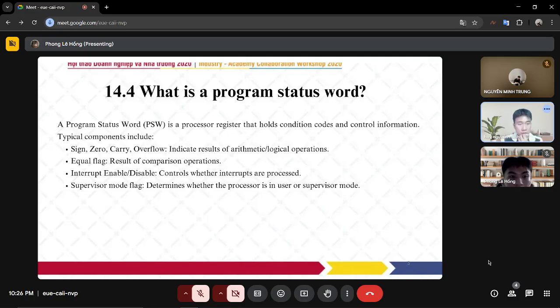Equal flag, the result of a comparison operation. 3. Interrupt enable/disable, which controls whether interrupts are processed. 4. Supervisor mode flag, which determines whether the processor is in user or supervisor mode.